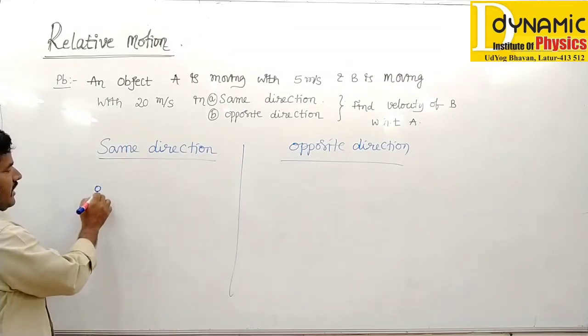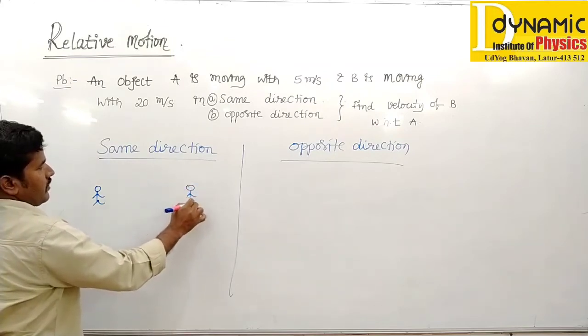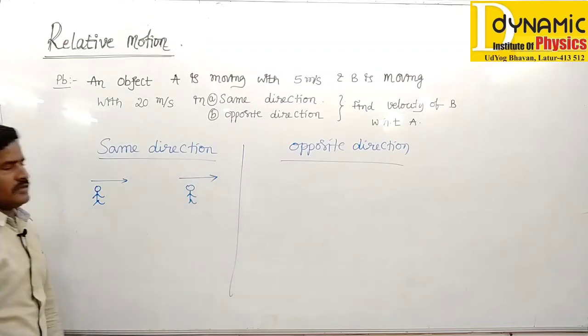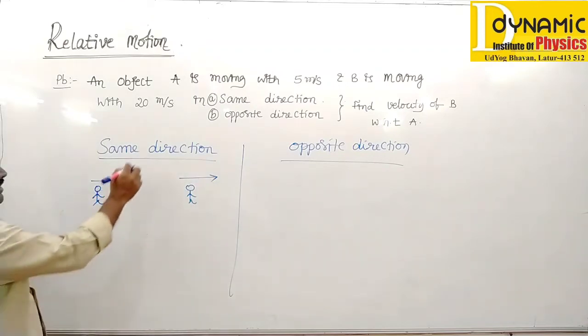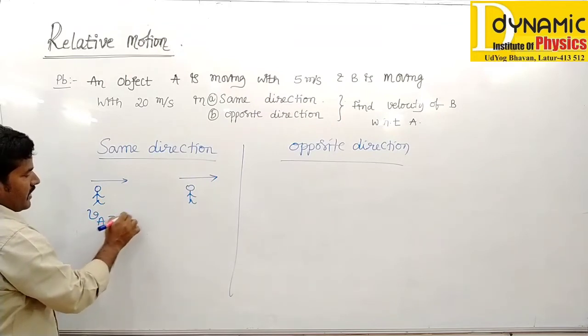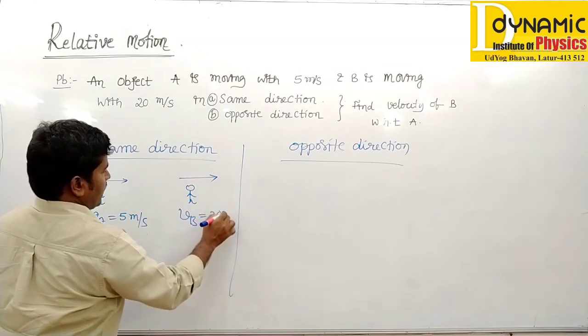This is A and this is B, both in the same direction. The velocity of A is 5 meters per second and the velocity of B is 20 meters per second.